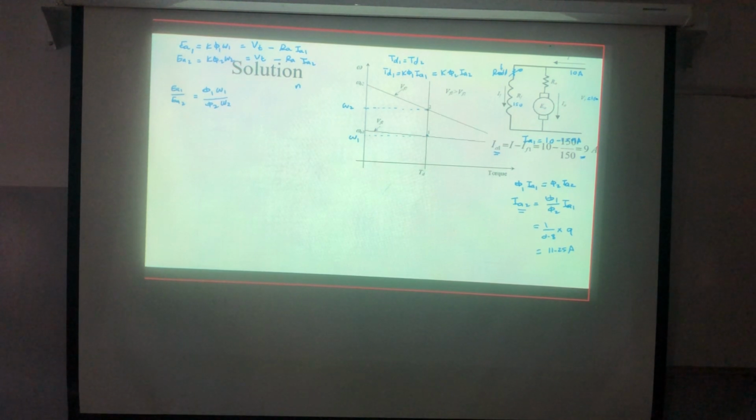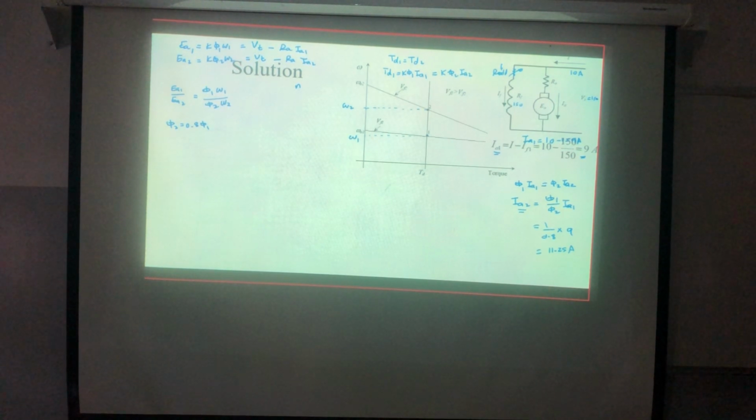The flux 1, we have a relation. So similarly, I think the flux 2 is equal to 0.8 of the flux 1, correct? Why? Because it was a reduction by 20%. Good.